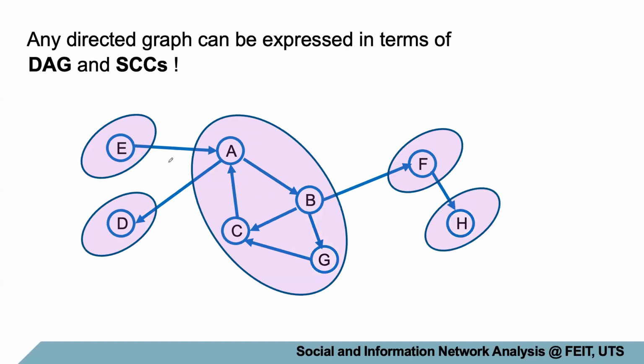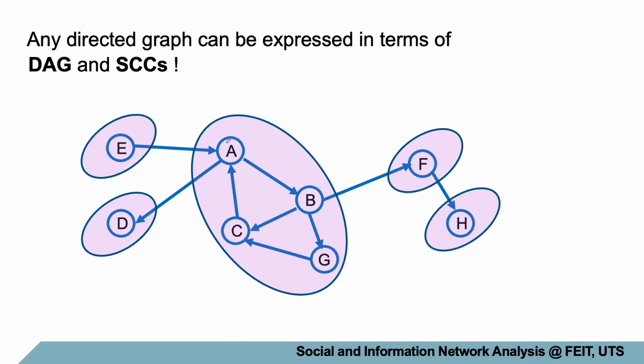So, combining DAG and SCC: any directed graph can be expressed in terms of DAG and SCCs. For example, in this graph, each subgraph in this circle is an SCC.